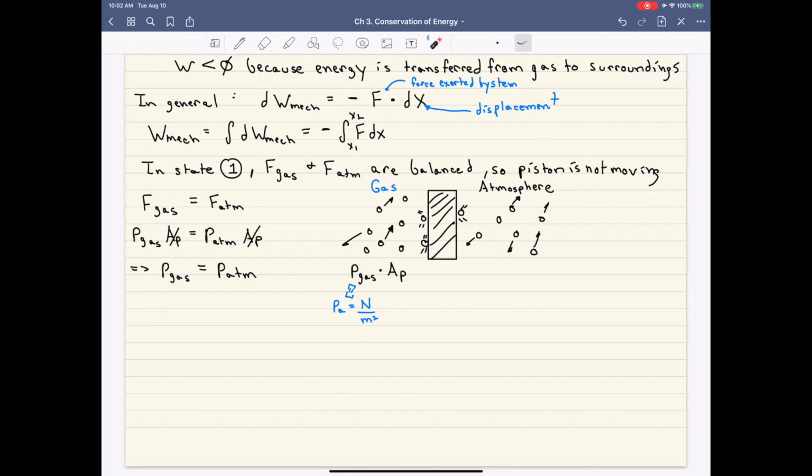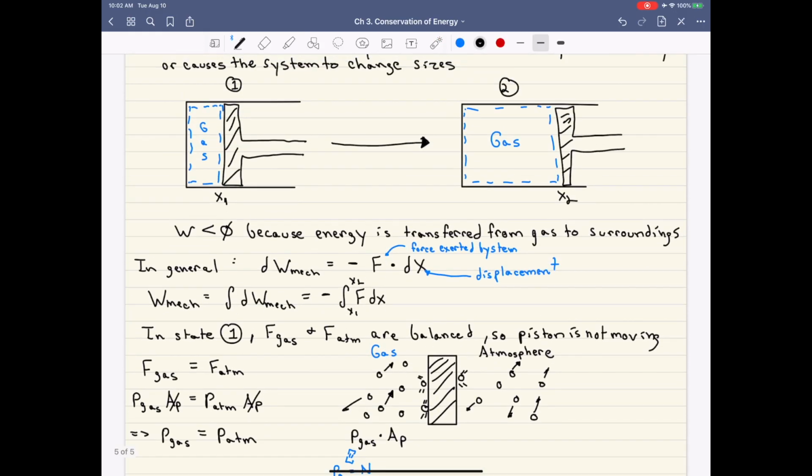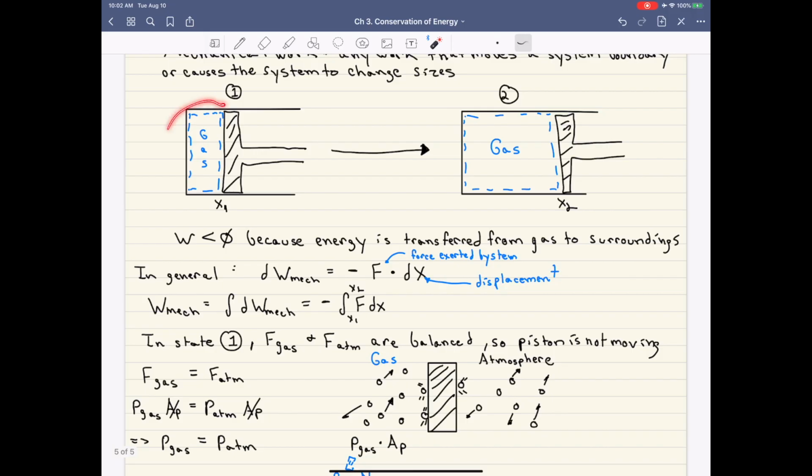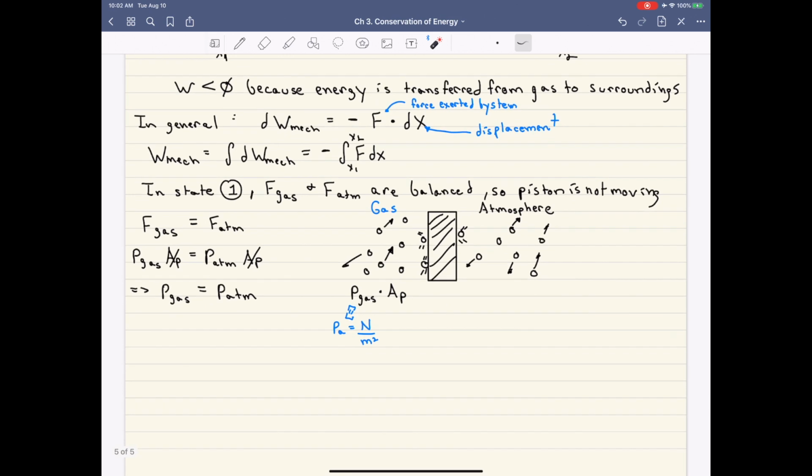And the analysis that we did here is known as doing a force balance. Okay? All right, so we just analyzed the different forces that are acting on the piston, and from that we were able to get a relationship between the pressure of the gas and the pressure of the atmosphere. Okay? And so this is happening in state 1, but we know that in order for the gas to expand, it needs to exert some sort of work onto the surroundings.